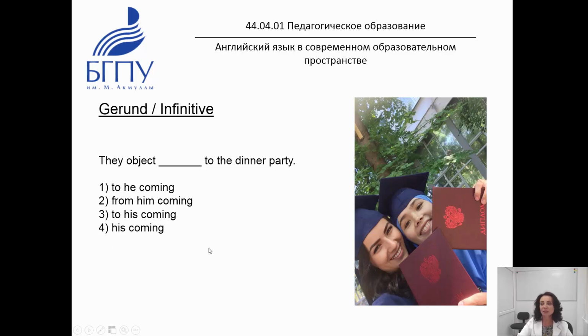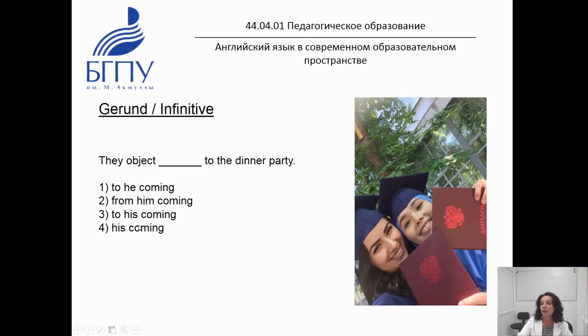Since his coming is all right, but there is no preposition to, which is obligatory with the verb to object. To object is never used without that preposition. Object is used always with the preposition, to object to.